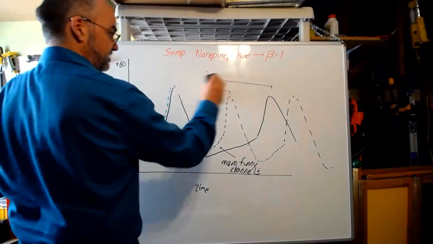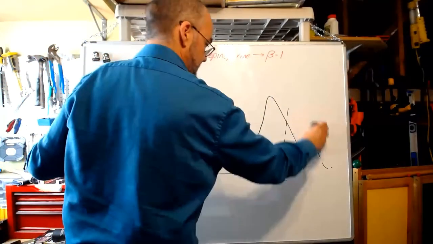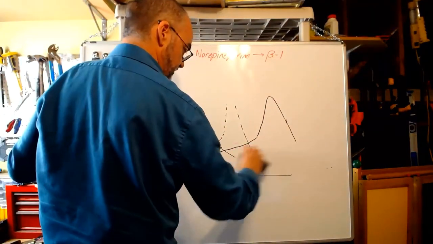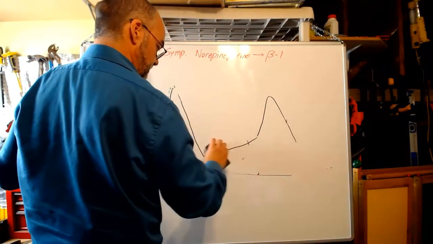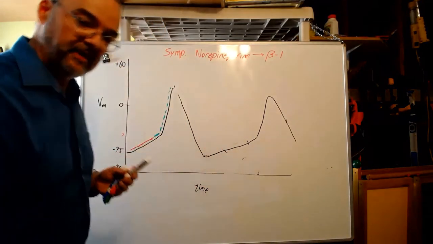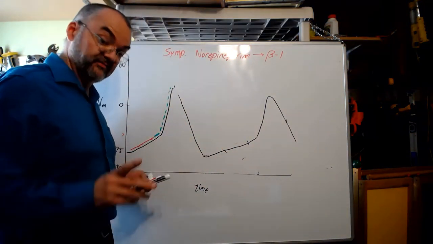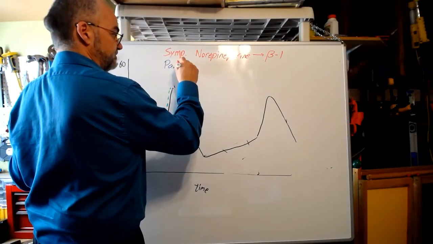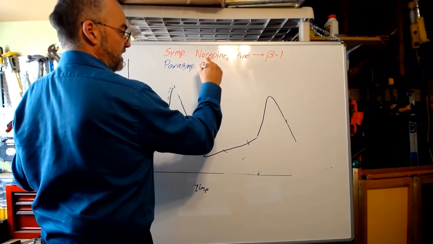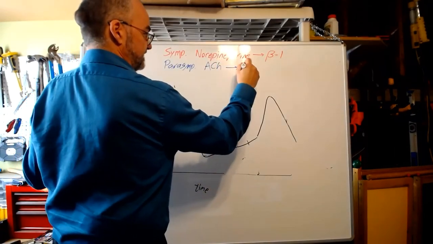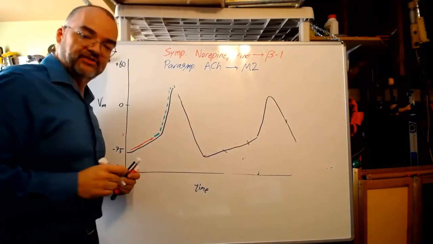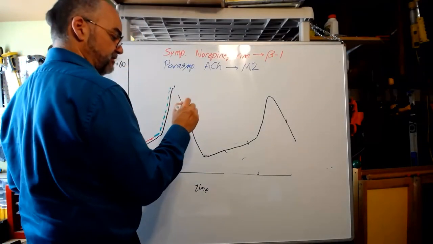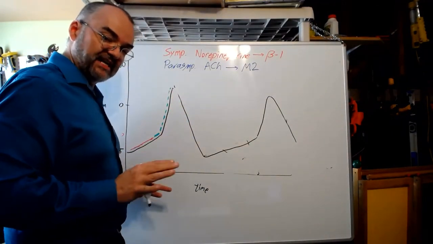All right, hopefully that makes some sense. But what about the parasympathetic nervous system? If the sympathetic speeds it up, the parasympathetic should be able to slow it down, and it does. For parasympathetic, we've got acetylcholine acting on M2 muscarinic receptors on these cells. Those M2 muscarinic receptors cause us to keep the potassium channels open longer.